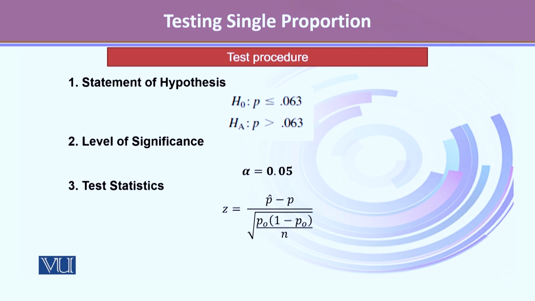Hence, to test the hypothesis that this proportion is larger than 0.063, we state our null and alternative hypotheses. Our null hypothesis states that the proportion is less than or equal to 0.063, against the alternative hypothesis that the proportion is greater than 0.063. Here, p represents the population proportion. We want to test this hypothesis at the 5% level of significance using the usual z-test for a single proportion.